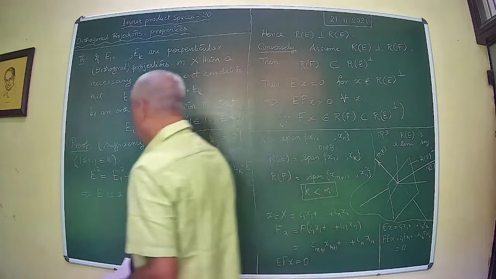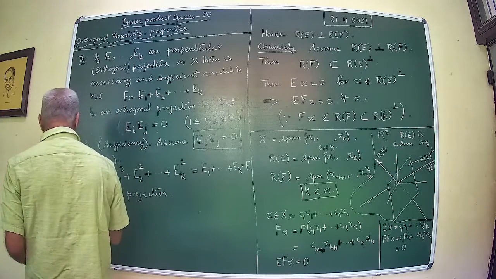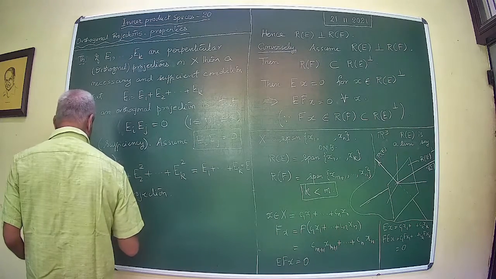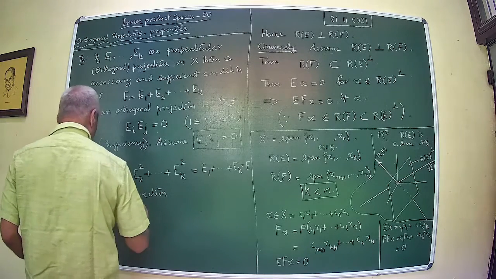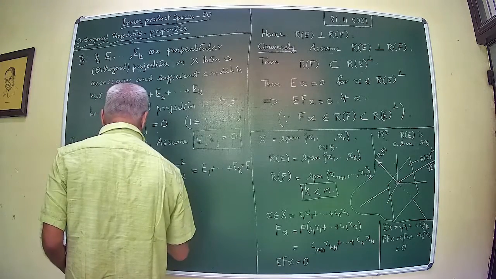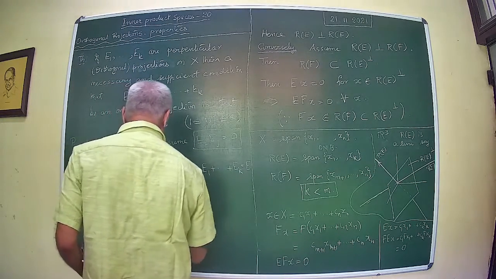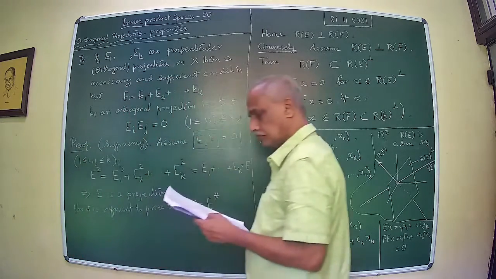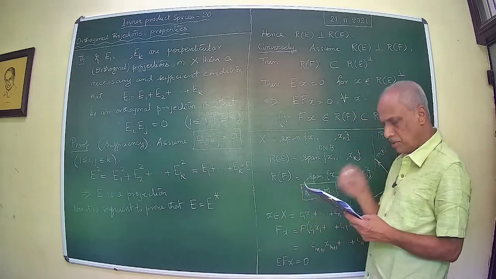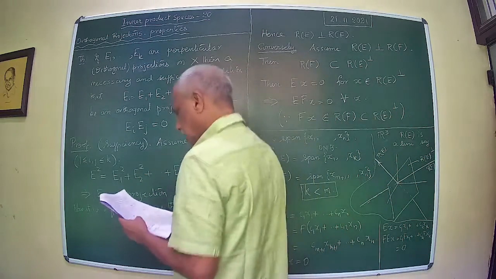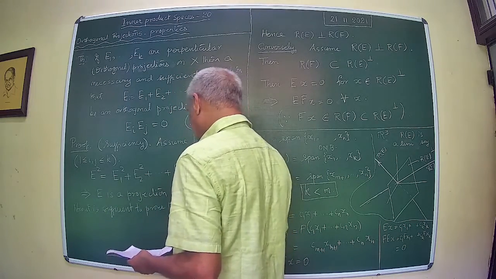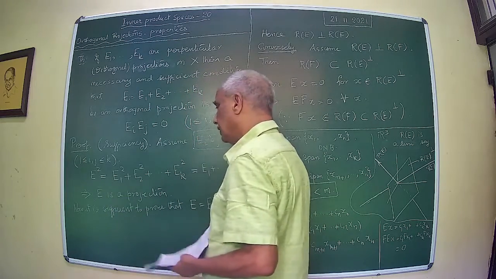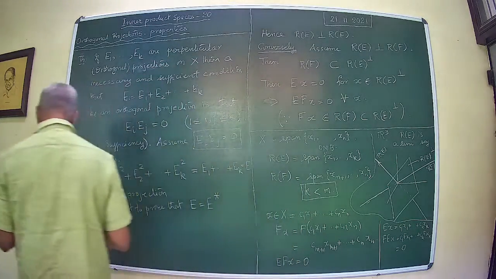So now it is sufficient to prove that E star equals E. You can easily work this out. So what is E star? My claim is that E star is equal to sigma Ei star. Okay, so let us work on this.